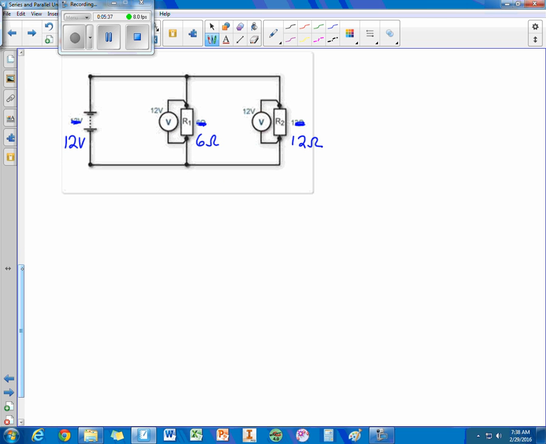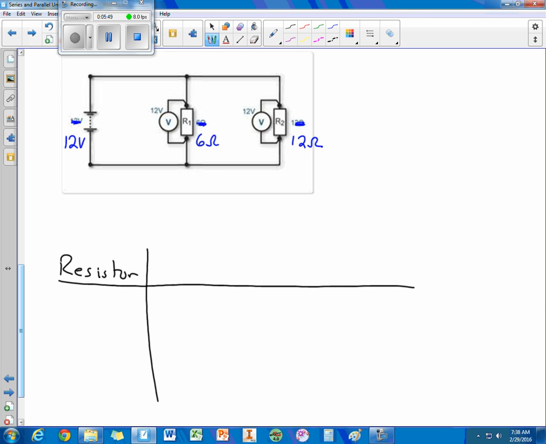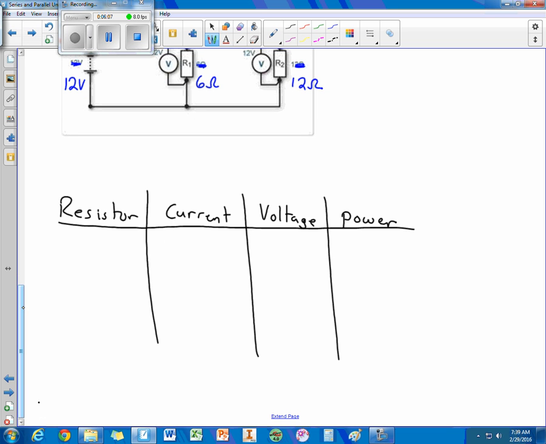So once again, I'm going to make a little table to keep track of everything. So I have my R1, which is 6 ohms.